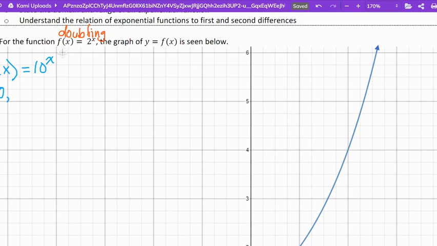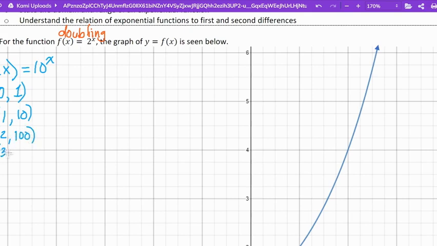What is 10 to the power of 0? What is Miss Sly to the power of 0? If x is 1, what is y going to be? 10, because 10 to the power of 1. If x is 2, what is y? 10 to the power of 2 means 10 times 10. Good.